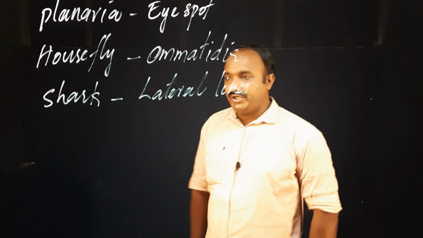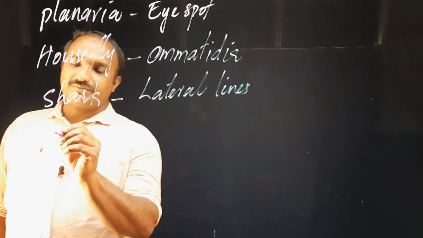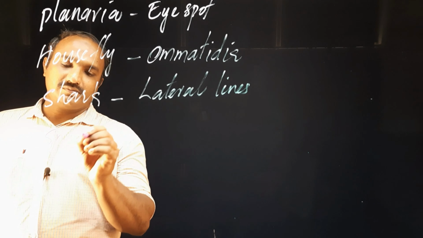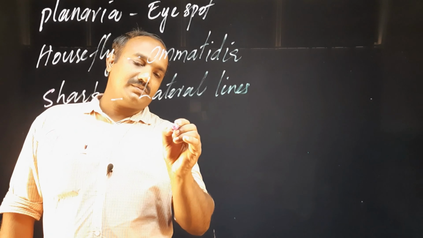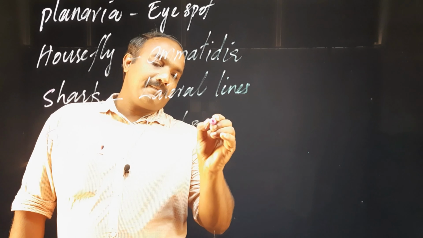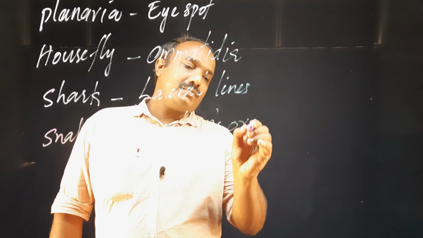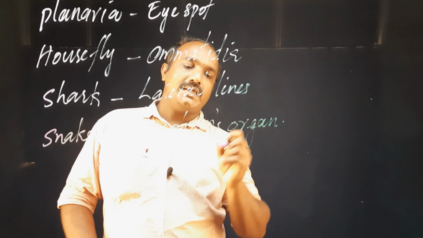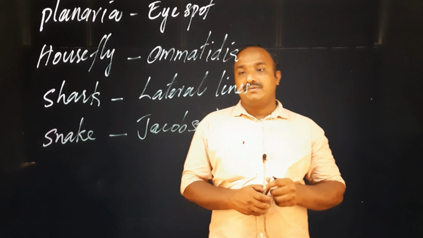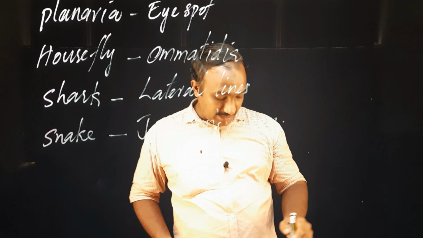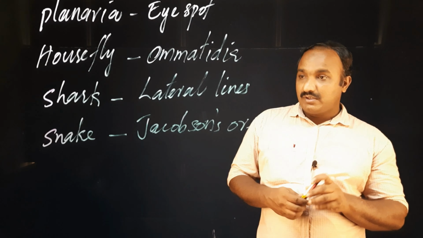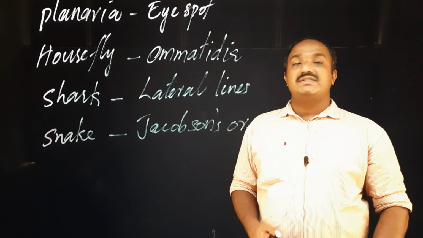Okay, last point, snake. Its receptor is called Jacobson's organ. Jacobson's organ is the receptor of snake.